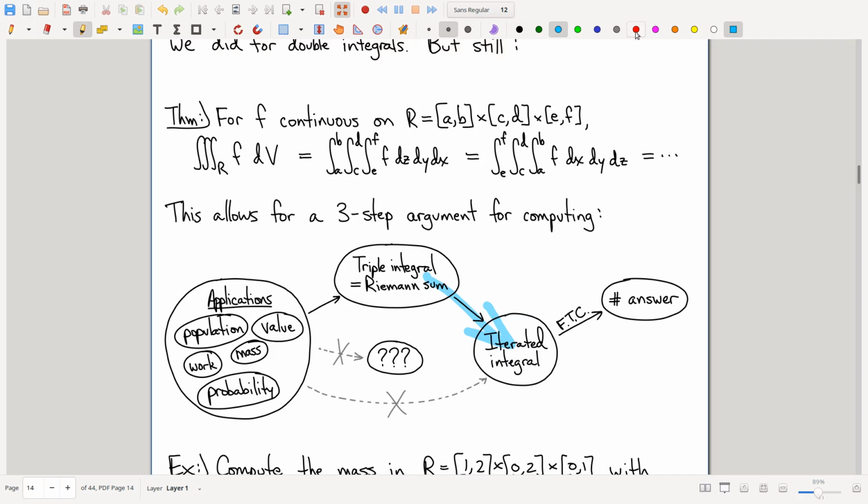There is no concept that I can put in here in a useful way, like volume. That's where volume was for double integrals, right? If I were going to fill in this blank on this diagram, it would have to be something four-dimensional, and that's just useless. Okay?